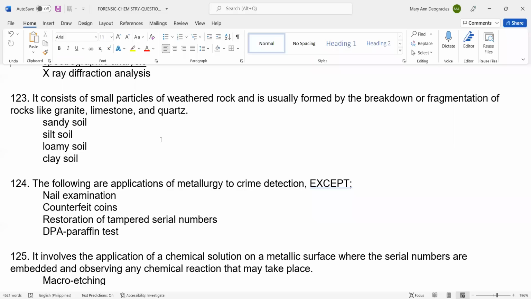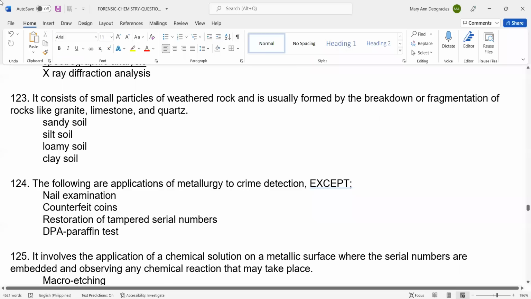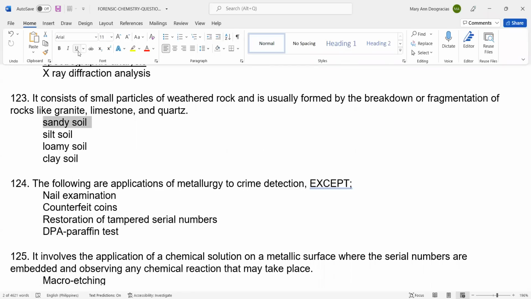Our answer here is sandy soil. When there is a breakdown or fragmentation of rocks, this is already converted into sandy soil. Silt is also a product of the breakdown of rocks, but it has a smaller size than sandy soil. So the most correct answer here is sandy soil. Silt is included with dust.